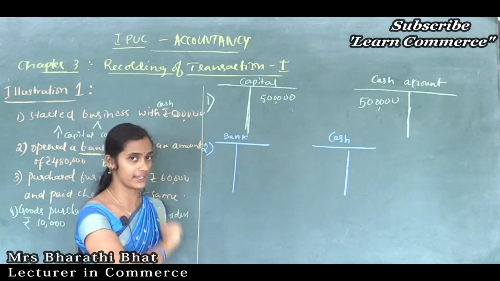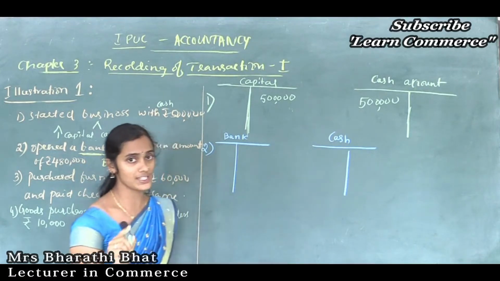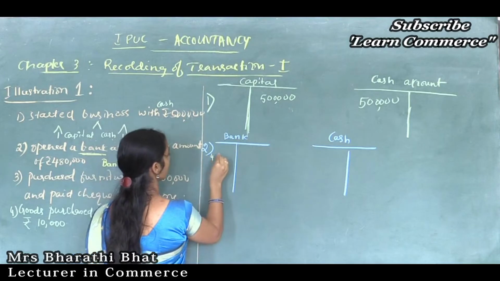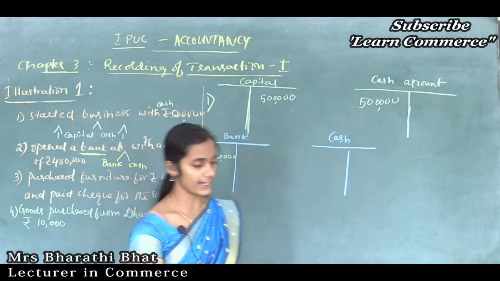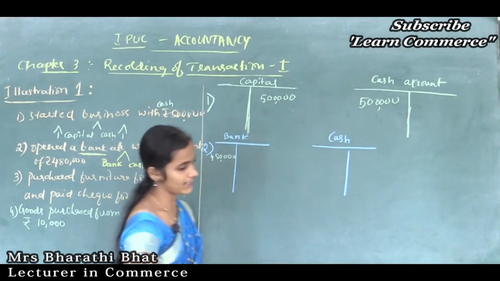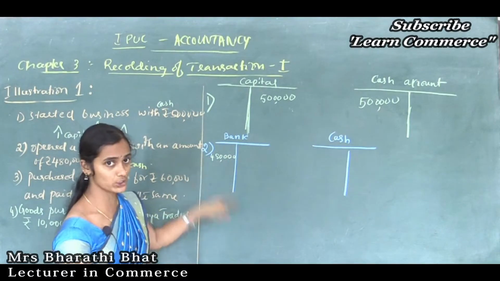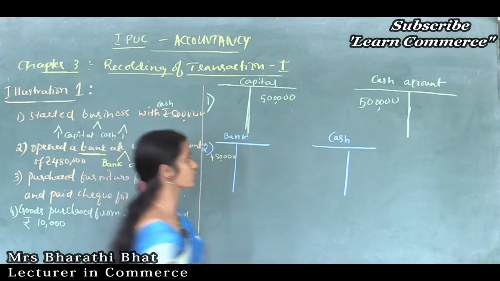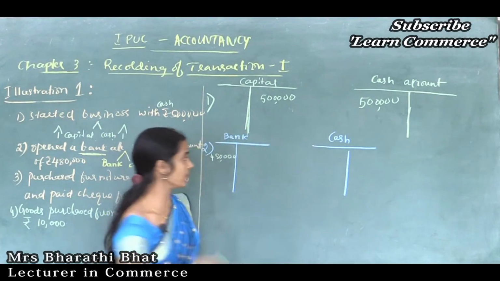Increase in bank account, increase in asset is to be debited. So how much here debit? 4,80,000 is debited here. And here, another account, cash, is reduced, so decrease in asset is to be credited.